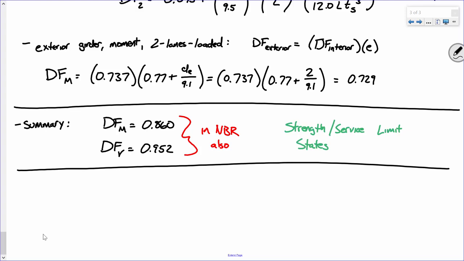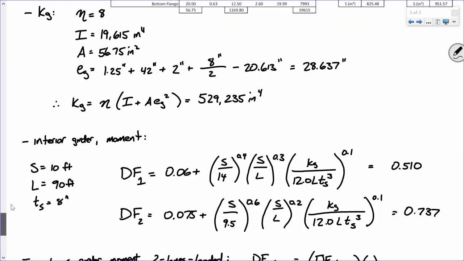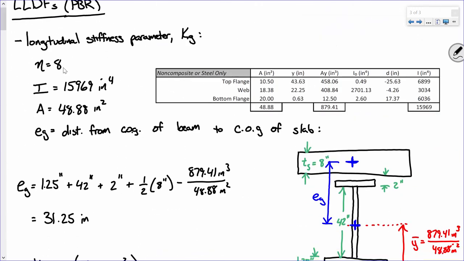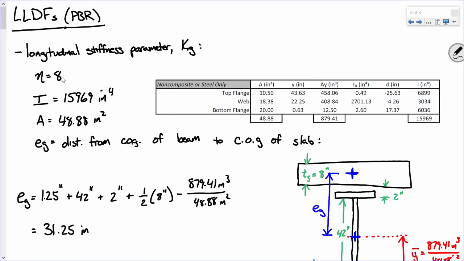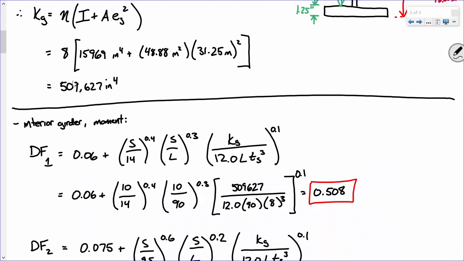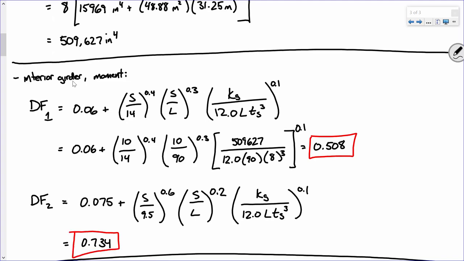Let's go through and pick out the largest moment distribution factor, but one lane loaded. So let's scroll up to the very beginning. Let's think, moment, one lane loaded. So, okay, so interior girder moment, I got what, 0.508, right? I'm not looking at the next one because that's multiple lanes loaded.